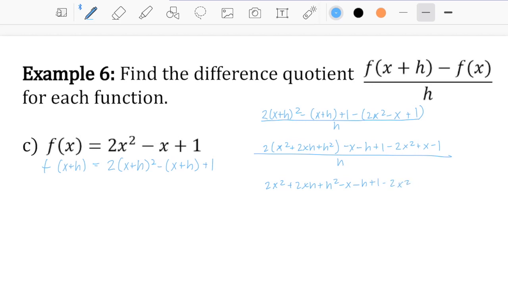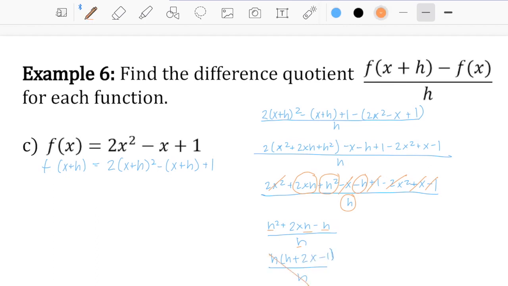It does get more complicated in terms of simplifying, but these are just algebraic techniques that you've been using and perfecting through Math 1, Math 2, and Math 3. So when we have difference quotients, we're going to want to pay attention a lot to factoring and grouping. So you'll see at the end of this that I do a lot of factoring by pulling things out that I see in different terms at the top of my fraction.